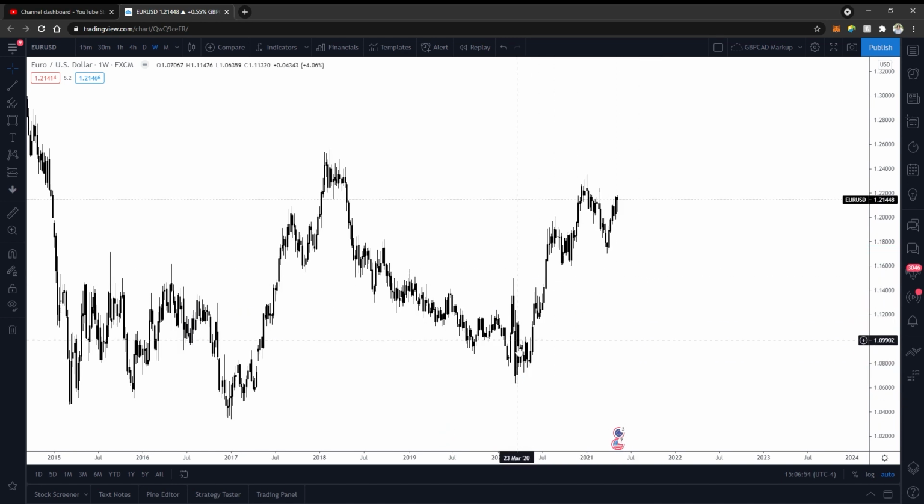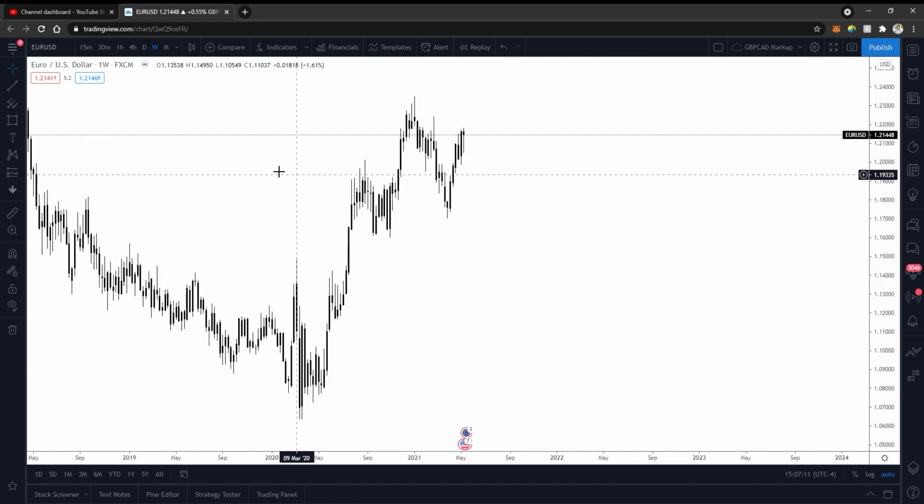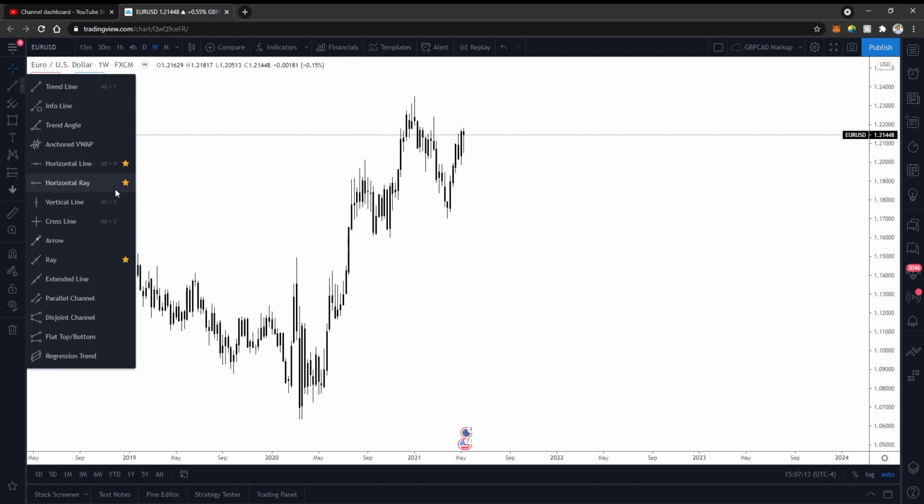So I'm on the weekly time frame, and we'll see that all the way since last year, March, EURUSD has been on an uptrend. And in January is where we started to see it break down a bit. Now, I am going to look for my formations on the weekly first.